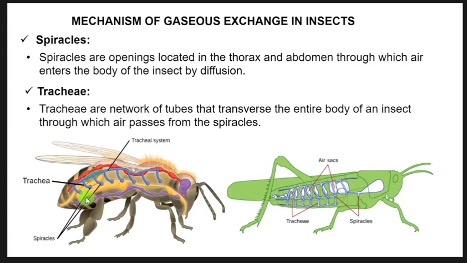All right, so air, after entering through the spiracles, now moves through the body of an insect through these tubes called the trachea. Also on the grasshopper here, we can see these lines, which actually represent the trachea.